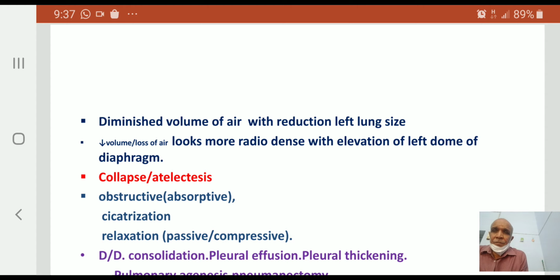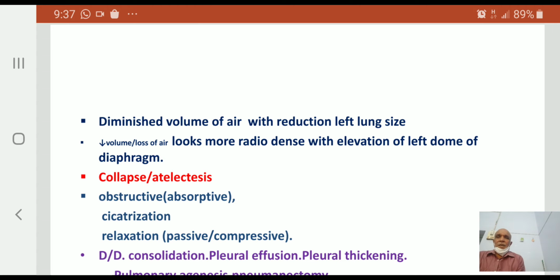It gives the obstructive type of lesion. Air distal to this obstructive site is gradually absorbed, so we can't see the air beyond this site, but you will see the dark area in the airway. This is the cutoff bronchus.